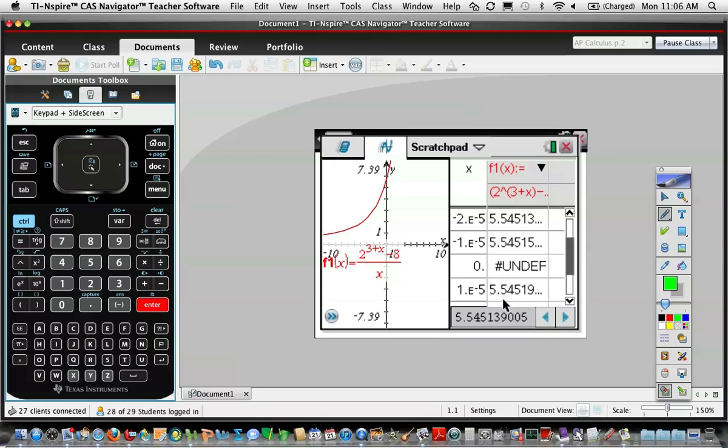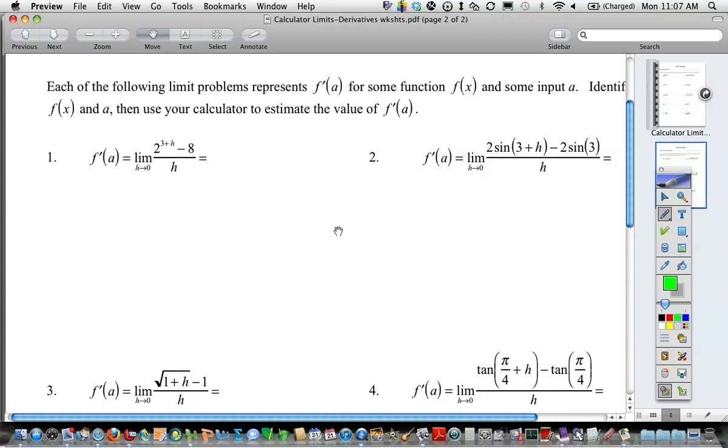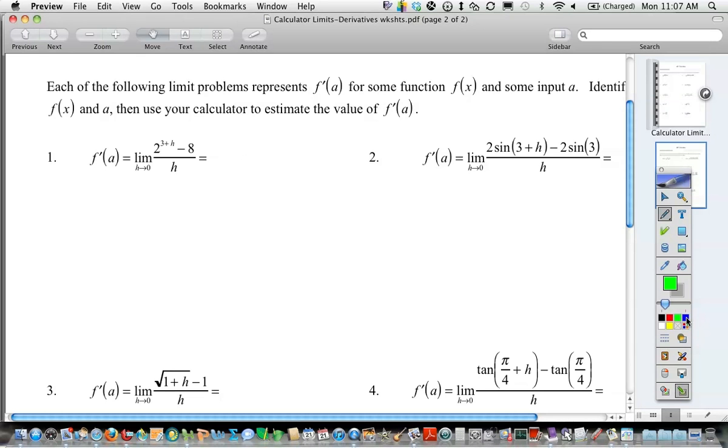Now I'm going to want you to write that table down on the worksheet, because it said evaluate on your calculator. And what did we say it was? Remember, 3 decimal places. So we said it was 5.545, right?